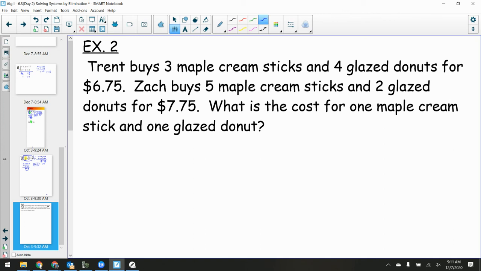Let's make maple X and glazed Y. Okay, Trent's equation: 3x plus 4y is 675. Zach's equation: 5x plus 2y is 775.